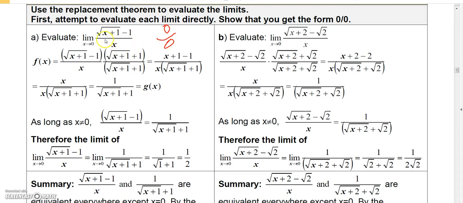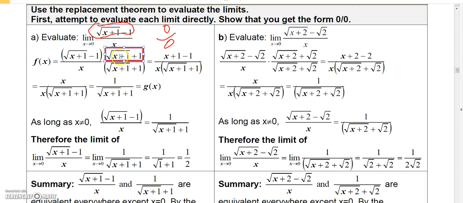So the trick here is to realize that I look up here and I see this radical, square root of x plus 1 minus 1. And if you think about it, what is the conjugate of this? The conjugate of square root of x plus 1 minus 1 is the square root of x plus 1 plus 1.